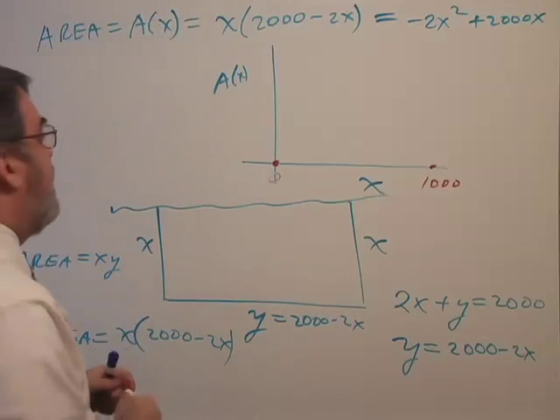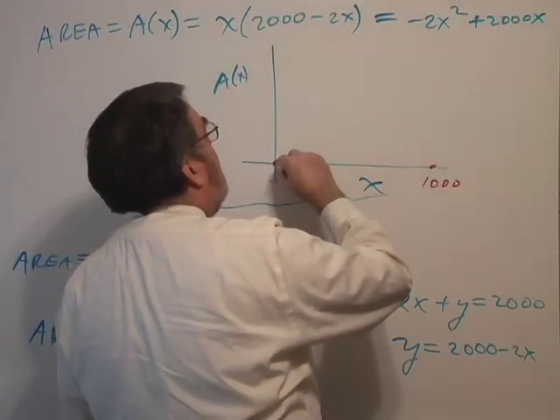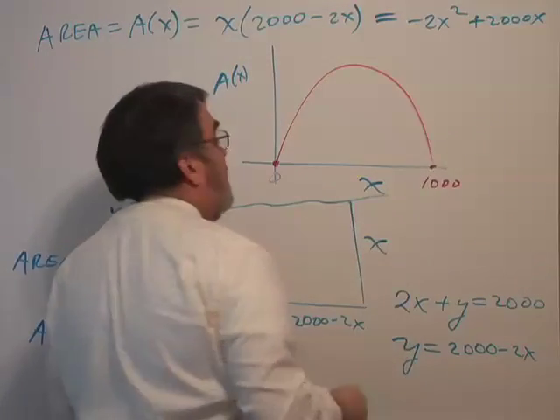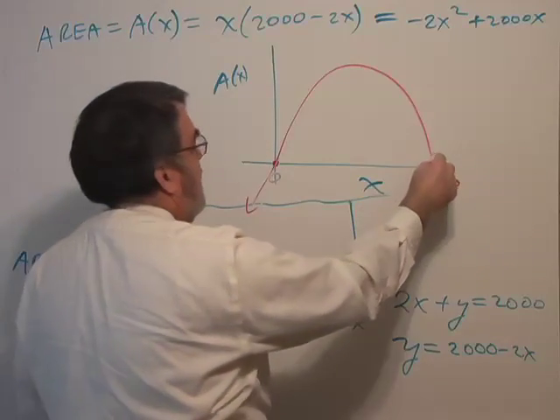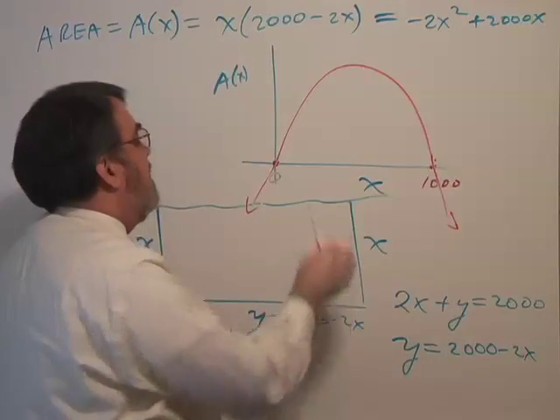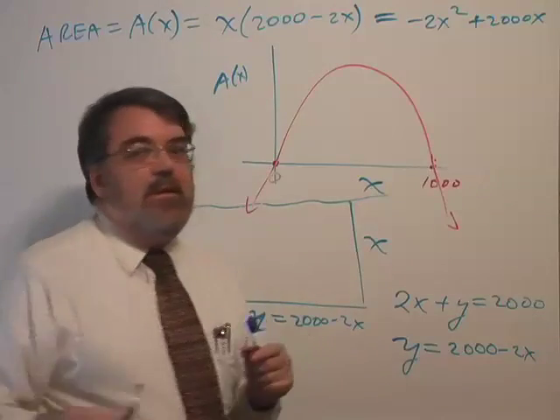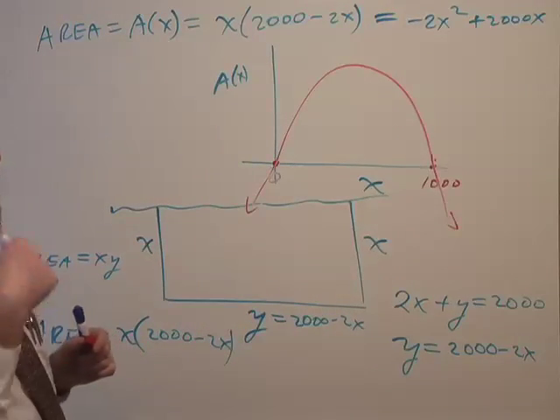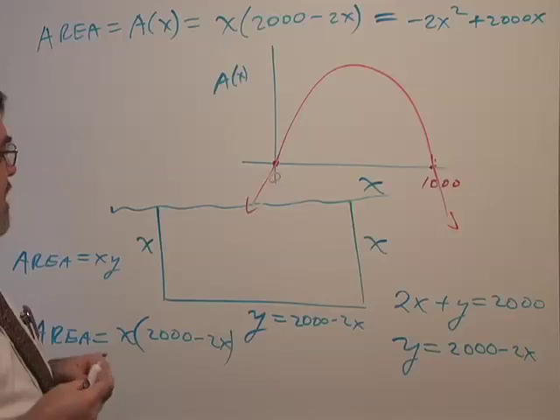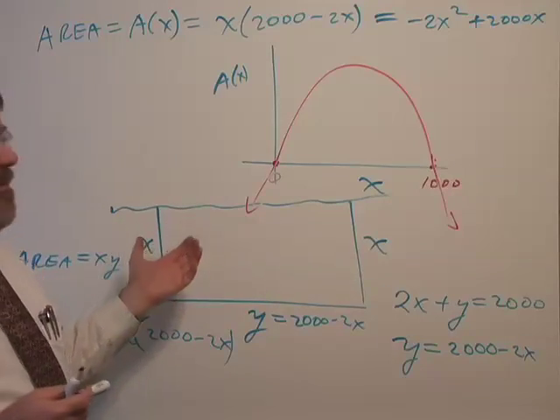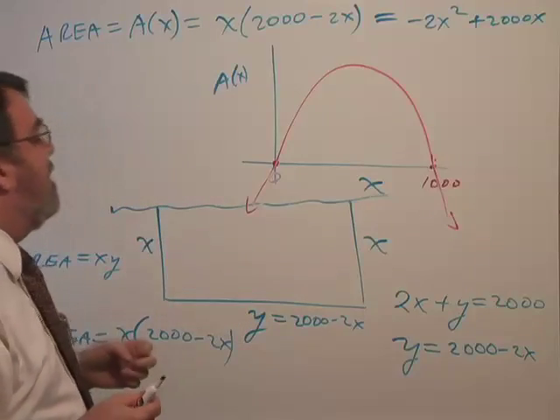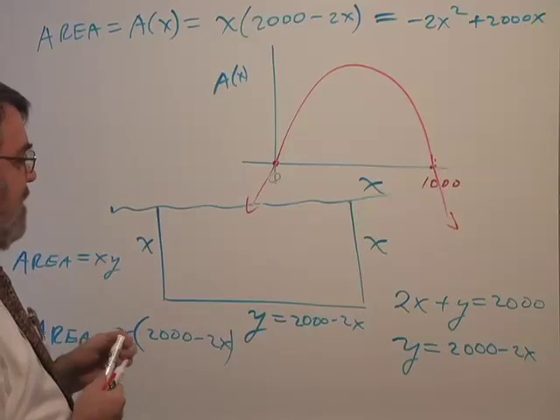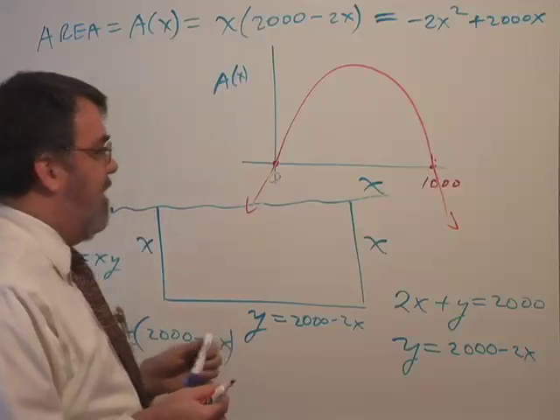Being a quadratic function, it's a parabola, goes up, comes down, and it does go down this way, but our problem can only exist between 0 and 1,000. Our domain is restricted between 0 and 1,000 because we can't have a negative number of feet for x. We can't have more than 1,000 feet for x. And so I'm really only looking at between those two points.